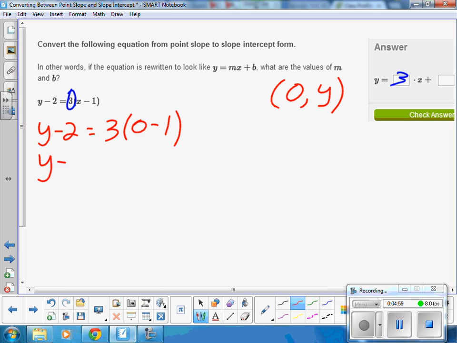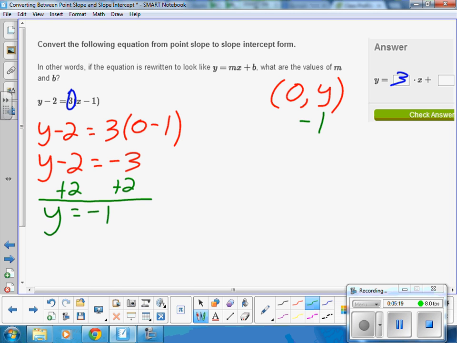So y minus 2 is equal to 0 minus 1 is a negative 1 times 3 is a negative 3. And then I am going to add 2 to both sides. So I get y equals a negative 1. So y is a negative 1. My intercept is a negative 1.